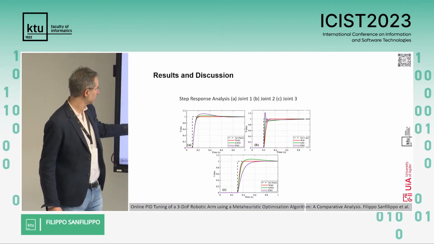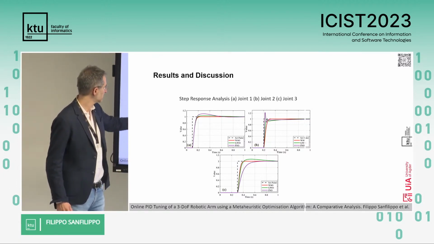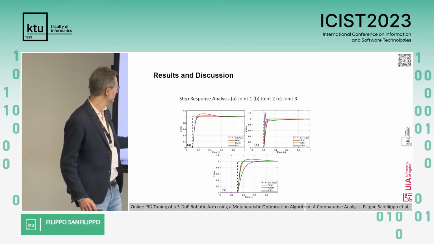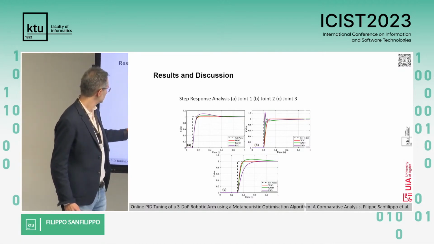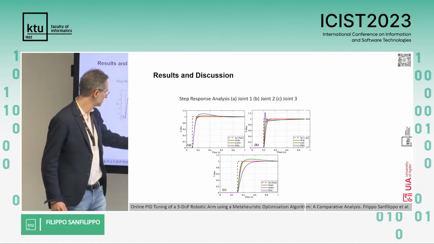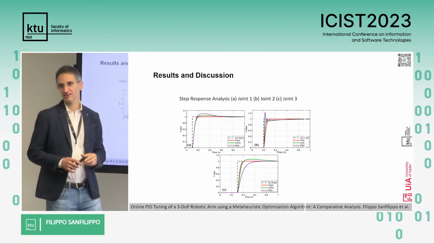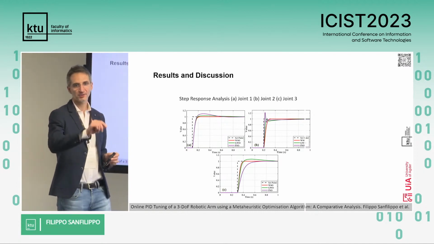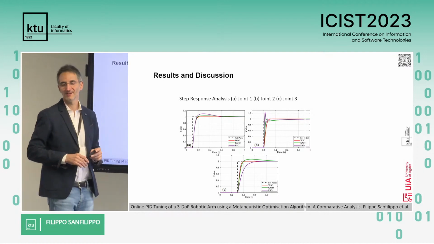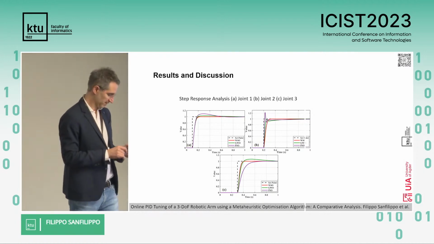The dashed line is the set point, so it's our step input. All the 3 competing algorithms are converging, but the red line is faster and relatively more smooth. So there are no spikes, which means that our end effector is not vibrating or oscillating while reaching the target position.